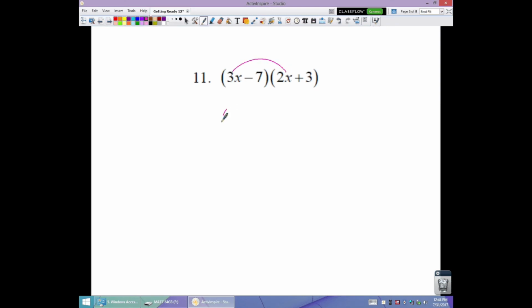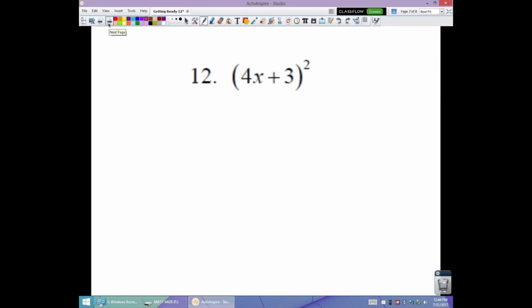First times first, 6x squared. Outers, 9x. Inners, negative 14x. Last, negative 21. Combine the like terms, we have 6x squared minus 5x minus 21.